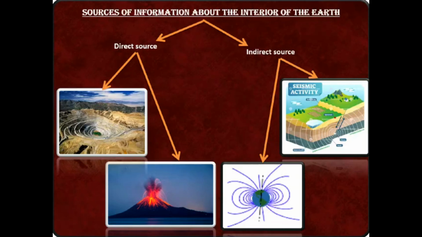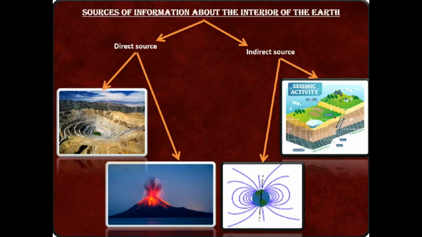And indirect sources, which include gravitation, magnetic field. What is magnetic field, students? Magnetic field is a vector field that describes the magnetic influence on electric charges in relative motion.